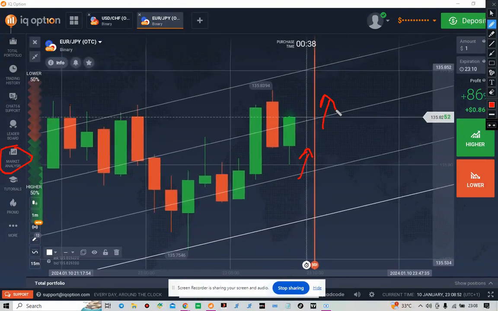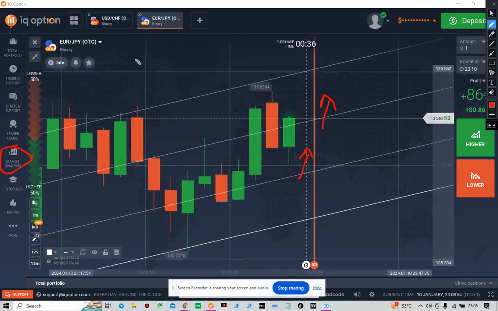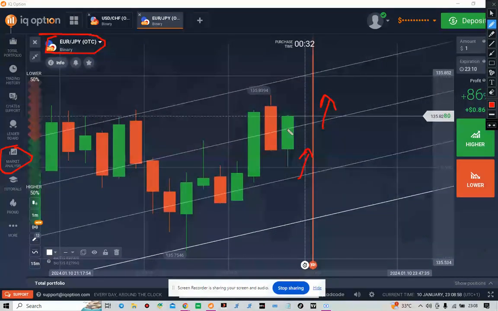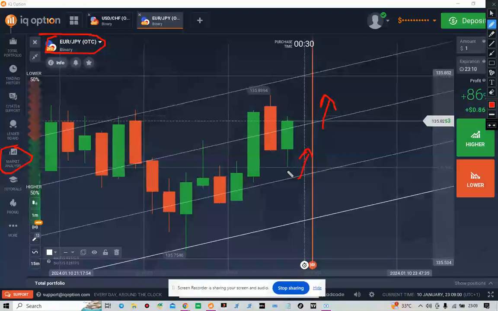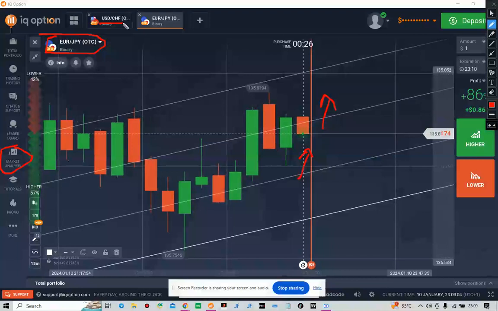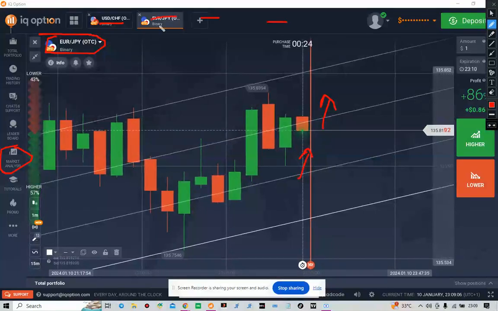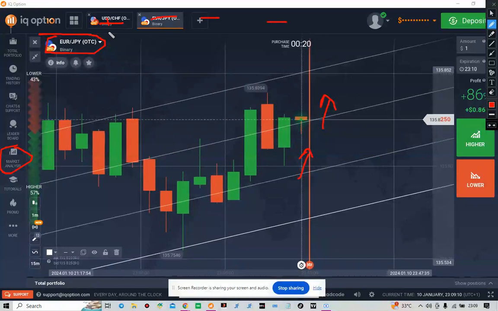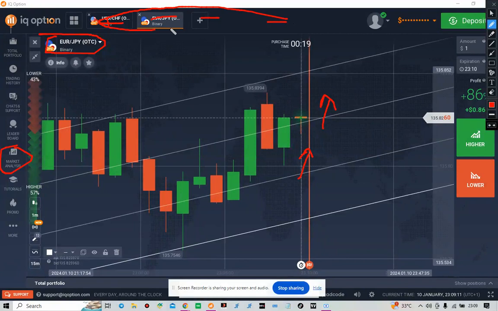Watch my video. Sometimes I trade one single currency pair. We did 5 candles in that single currency pair. And sometimes I trade multiple currency pairs. If I trade this one, this one, this one, this one, each currency pair I take one trade, then in total 4 currency pairs I take one trade each.